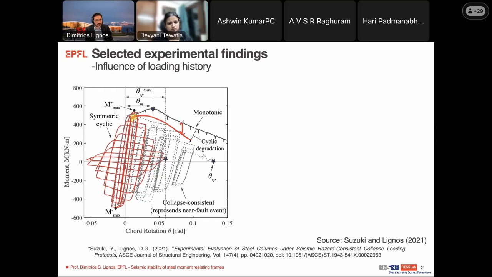Essentially this difference here will be the axial load that you're applying times the amount of displacement that you have divided by the height of the column. So if the axial load becomes large, the hysteretic curve will move inward. If the axial load is less, the hysteretic curve will move up. And if you have a high axial load, that would limit your rotational capacity. It will make it much smaller in this case.